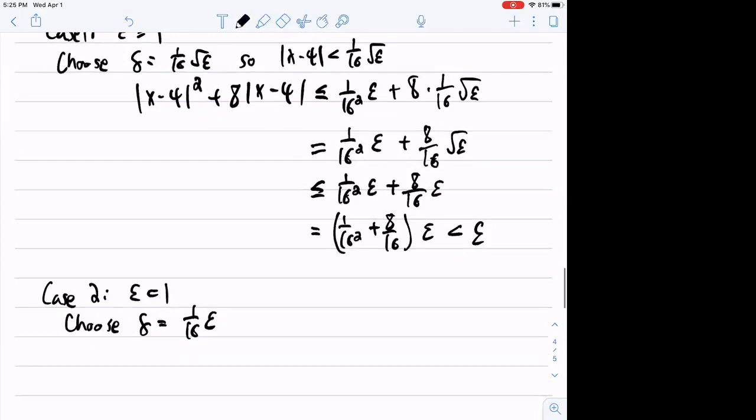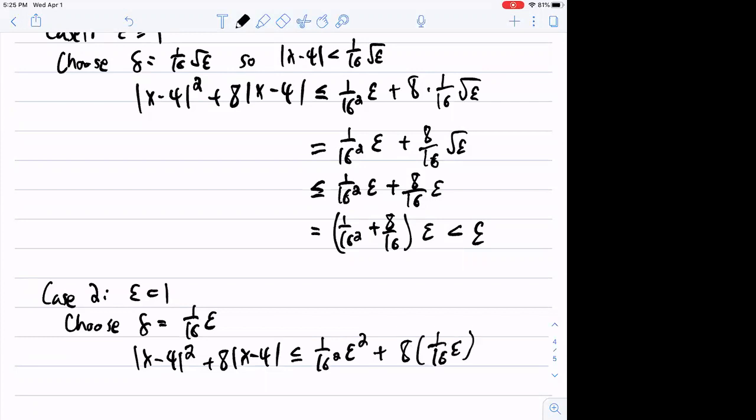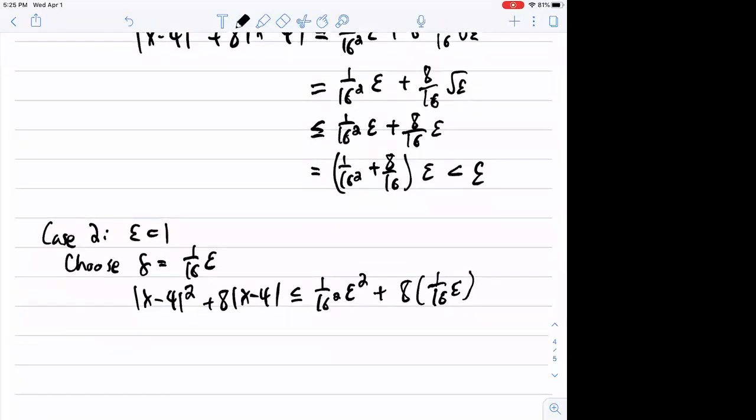And then x minus 4 squared plus 8 times x minus 4 is less than or equal to 1 over 16 squared epsilon squared plus 8 times 1 over 16 epsilon. Let me write equality, and let me write everything clearly first.